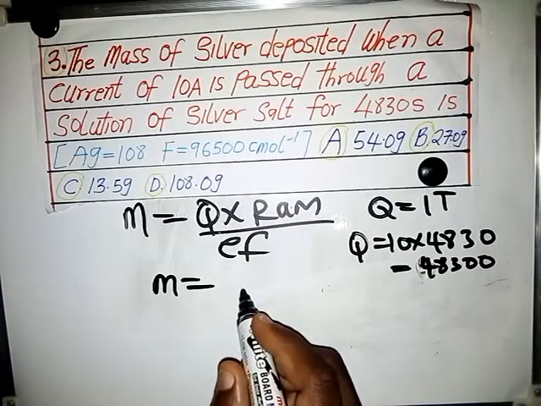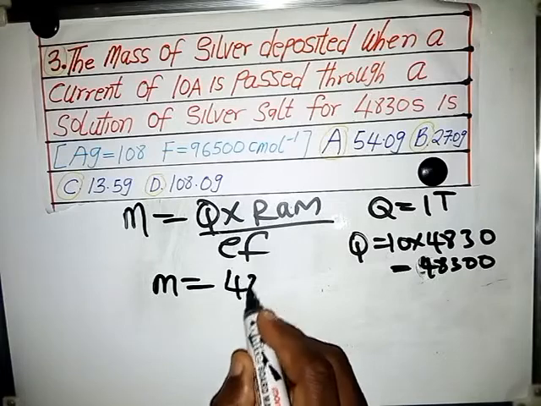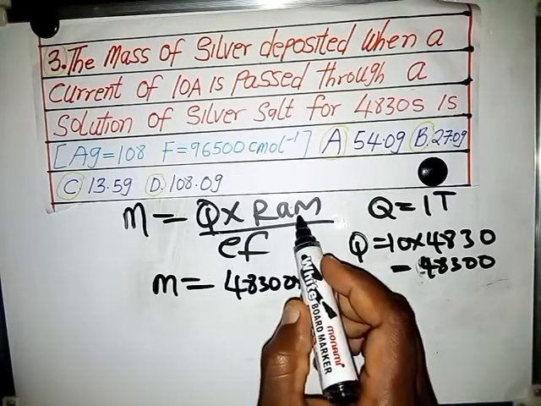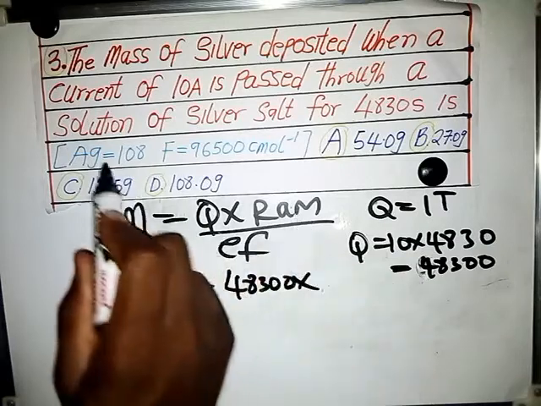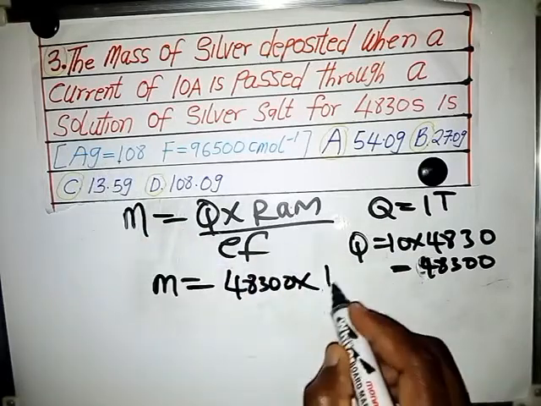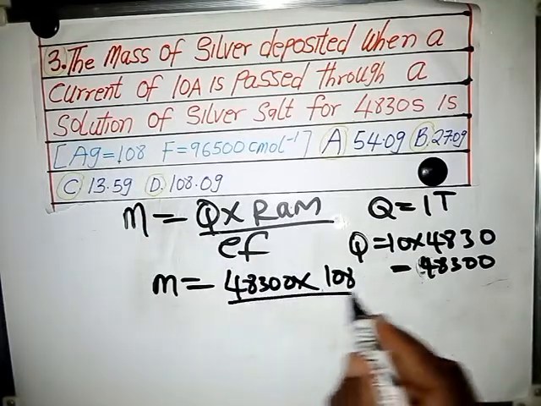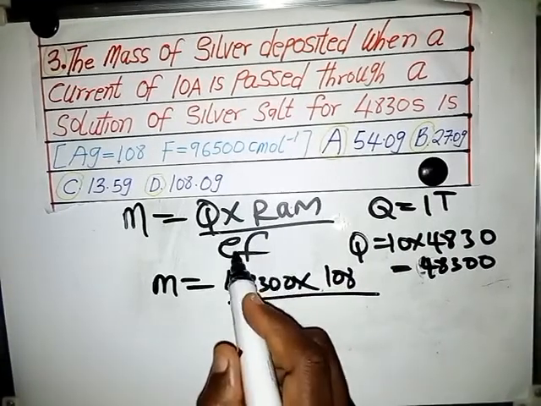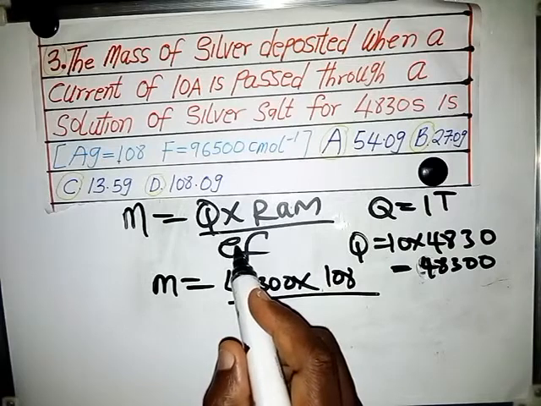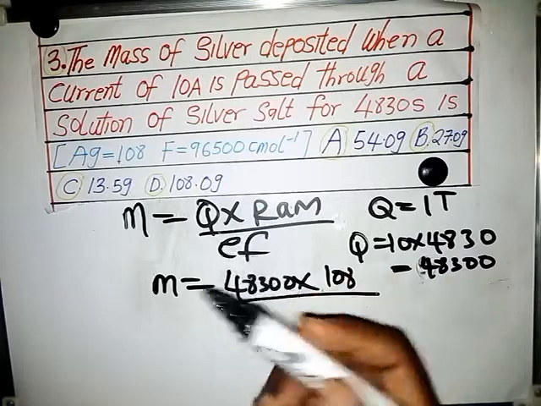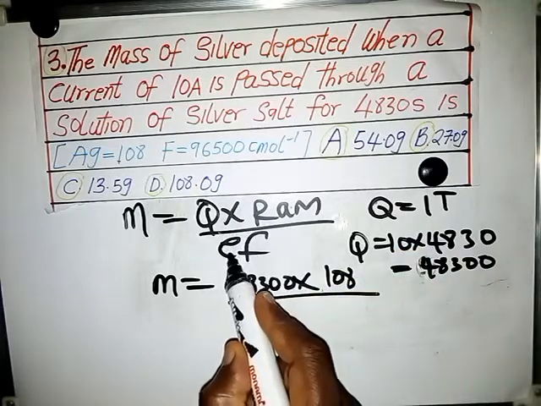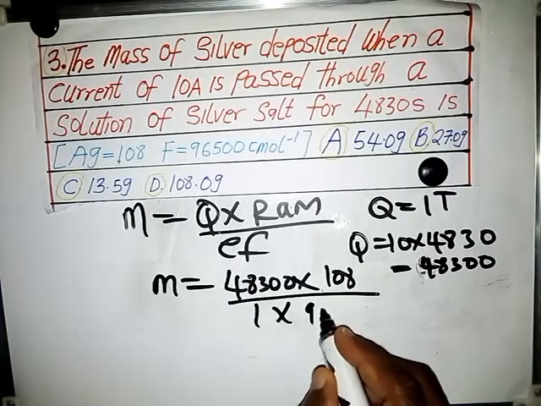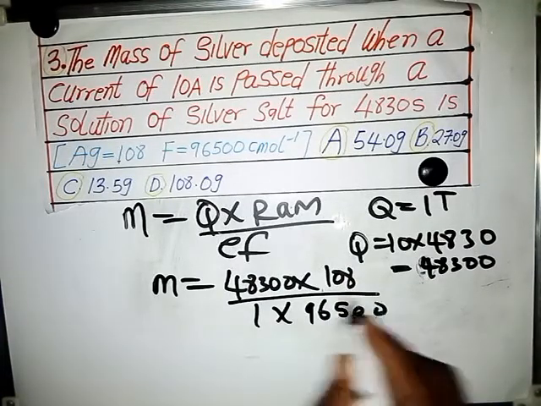So M will now be 48300 times the relative atomic mass of silver, which is 108, over the oxidation state of silver, which is 1, which is the mole of electron transferred. So I'm going to say 1 times 96500.